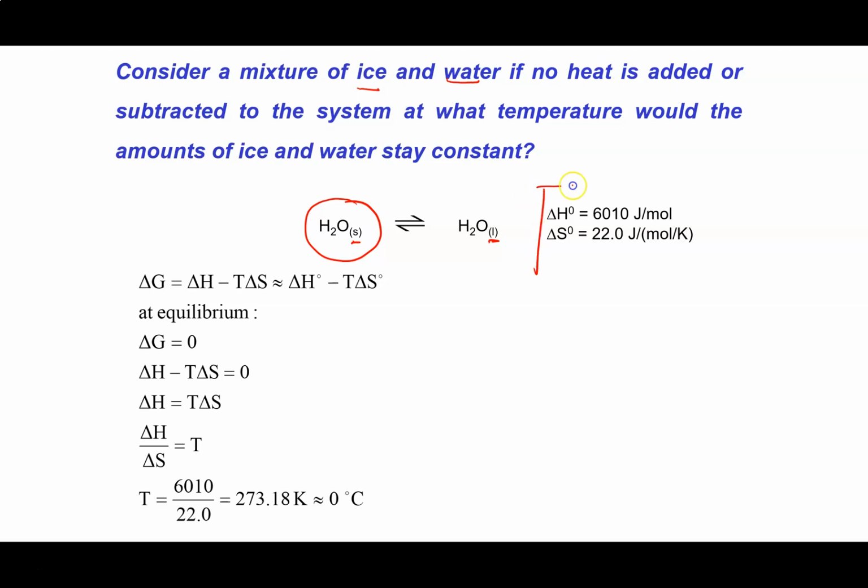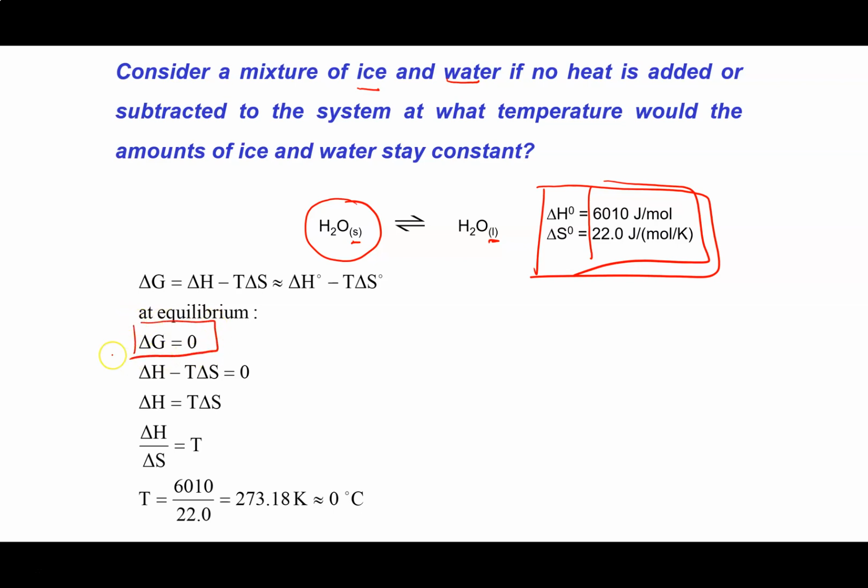The first thing that I'm going to need is the enthalpy change for this process and the entropy change for this process, and I can calculate those using tabulated values. I've gone ahead and done that. Now what we're looking for is when this system is at equilibrium and there's not going to be any net change.